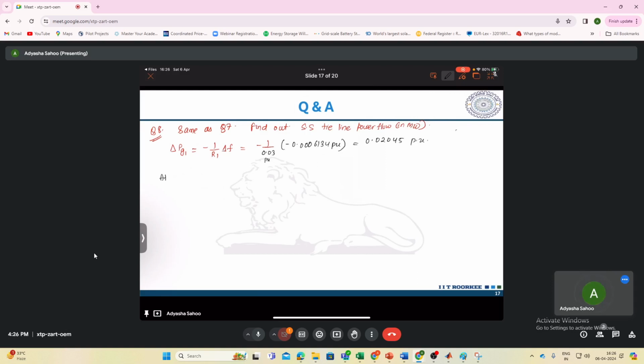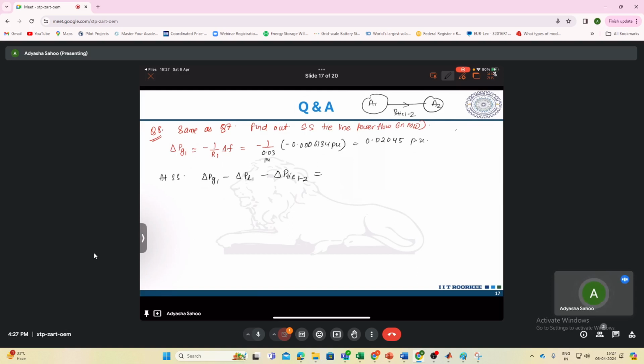So at steady state, delta Pg1 minus delta PL1 minus P tie from 1 to 2. So this is the direction 1 to 2.